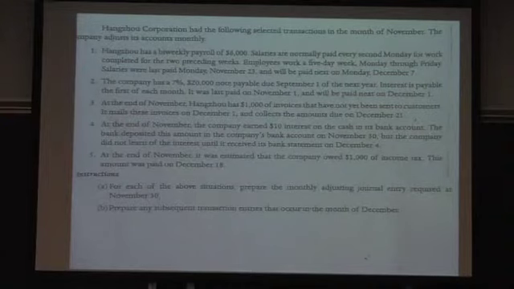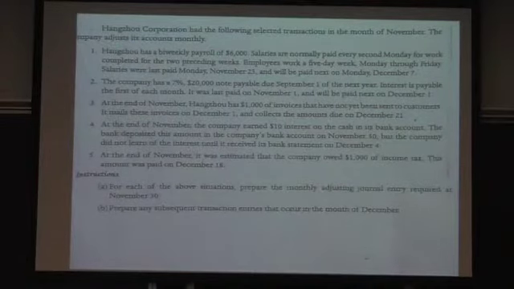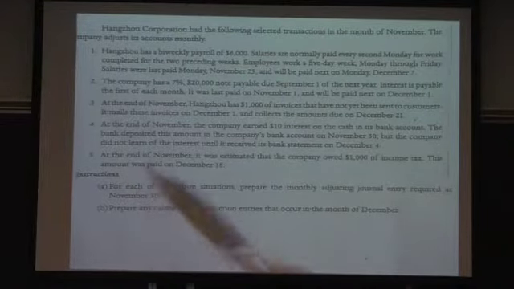So we're asked to record the actual transactions from 1 to 5 for the month of November, and then take a look at what additional entries we need to factor in for the month of December. And we're talking about the month end November, okay?